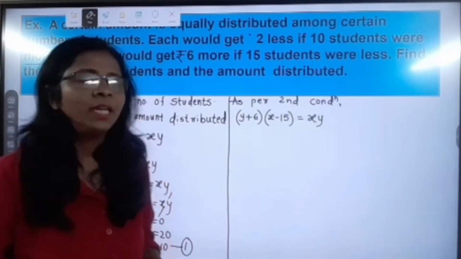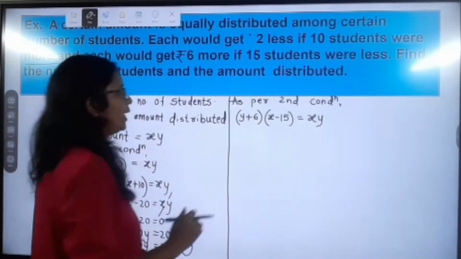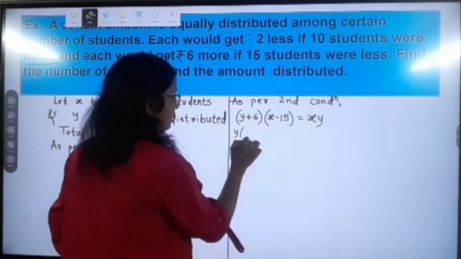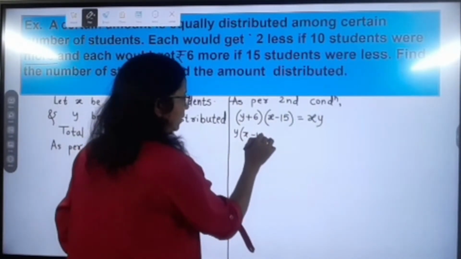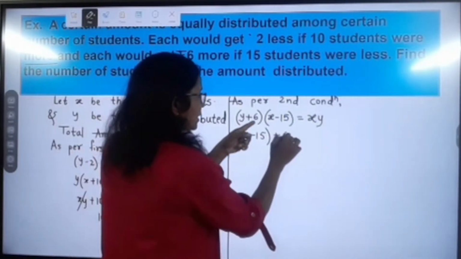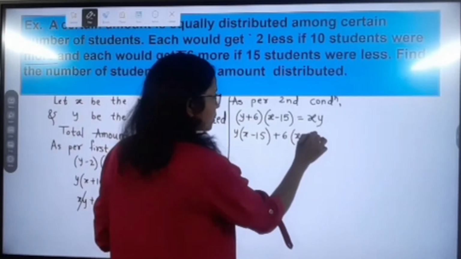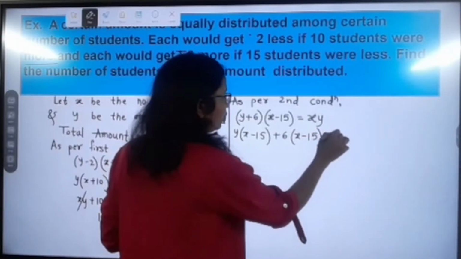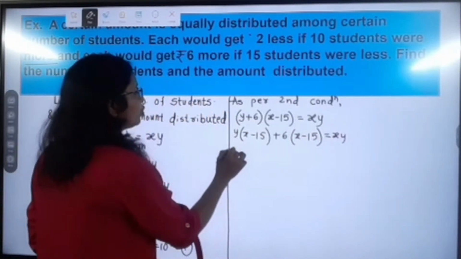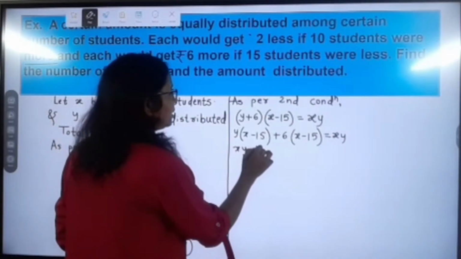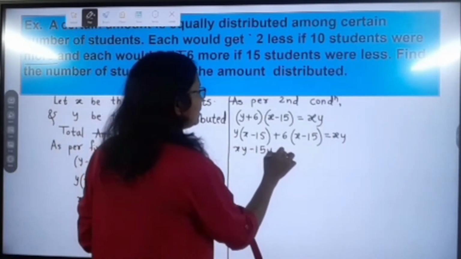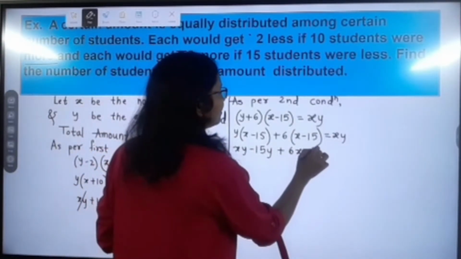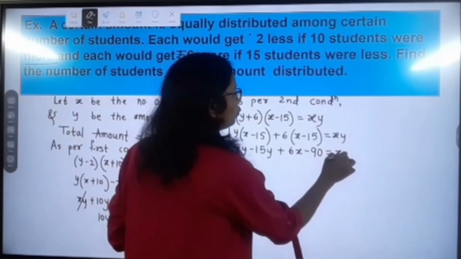Now further we solve it: y multiplied by x minus 15, plus 6 multiplied by x minus 15, is equal to xy. Then xy minus 15y plus 6x minus 90 is equal to xy.